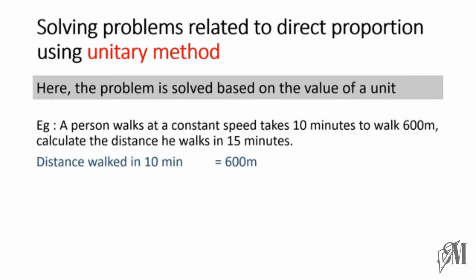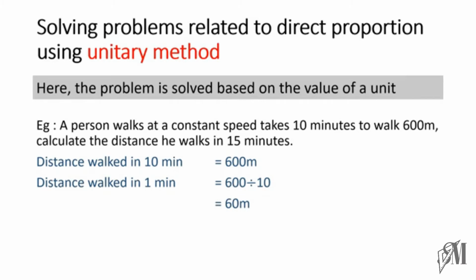We know the distance walked in 10 minutes is 600 meters. Since we are following the unitary method, in our next step we find the distance traveled in 1 minute. So if in 10 minutes he is going 600 meters, to find 1 minute we have to divide 600 by 10. That gives us 60 meters. Now this is the distance walked in 1 minute.